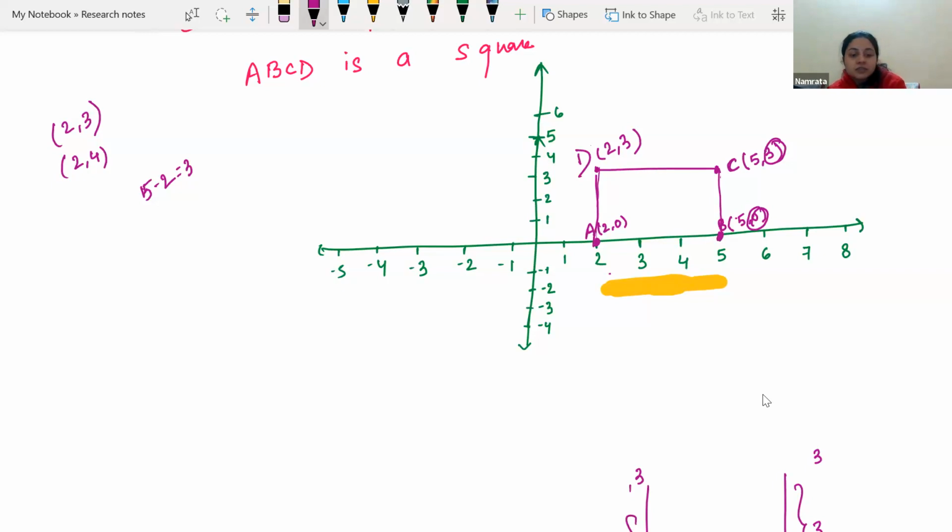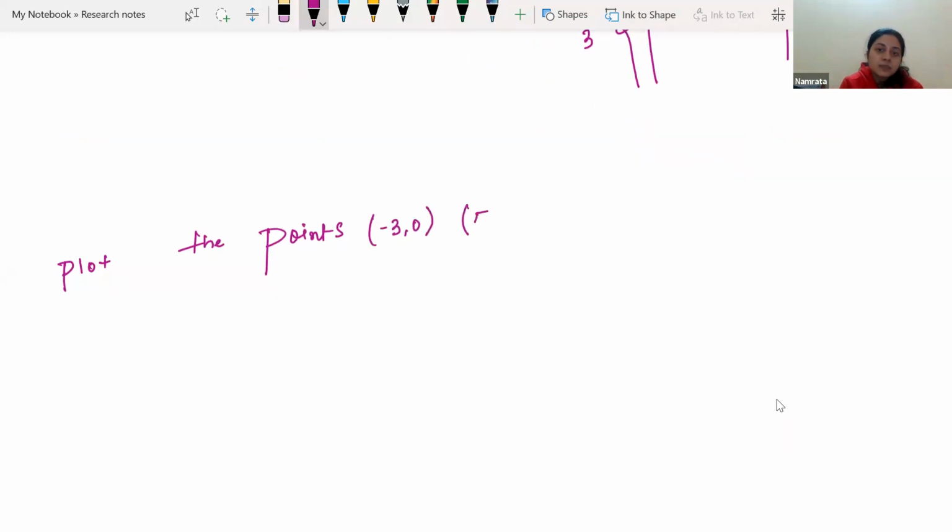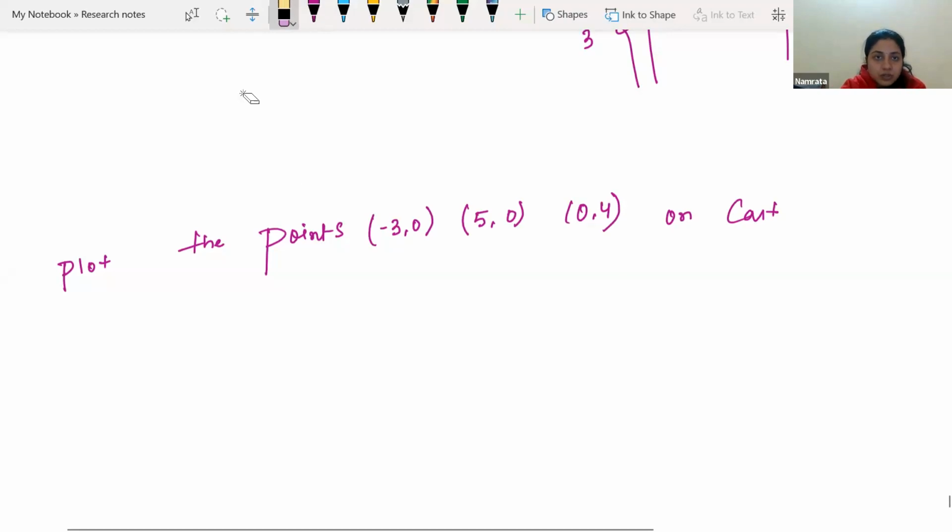Okay, let's move ahead. Plot the points (-3, 0), (5, 0), (0, 4) on the Cartesian plane. Just a moment. Okay, let me give the proper coordinates.